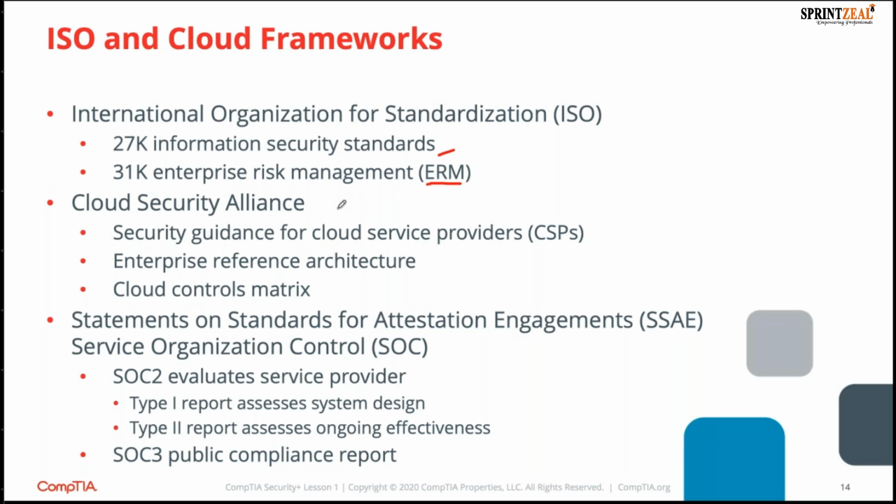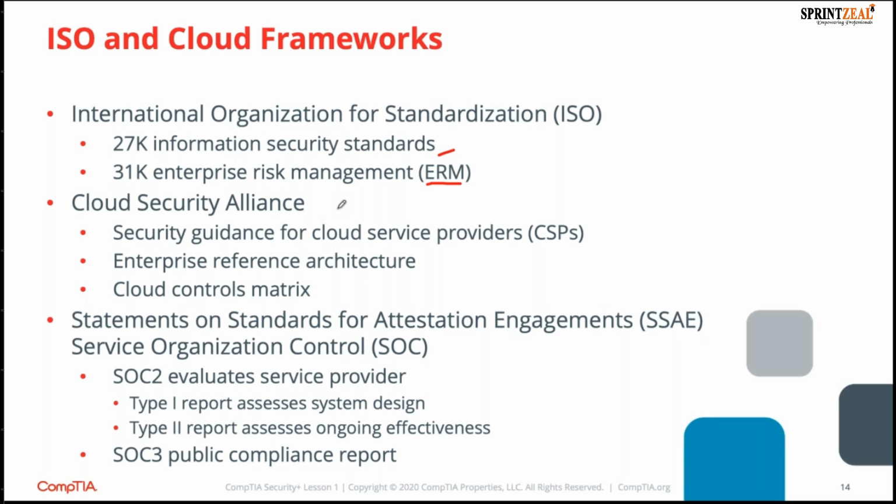Then there is the CSA, the Cloud Security Alliance, a non-profit organization that also produces various types of guides or best practices. A security guidance is there for cloud service providers that defines the unique challenges of the cloud environment, the analysis of security, and how on-prem controls can be adopted to the cloud.